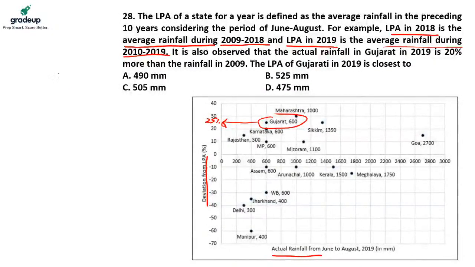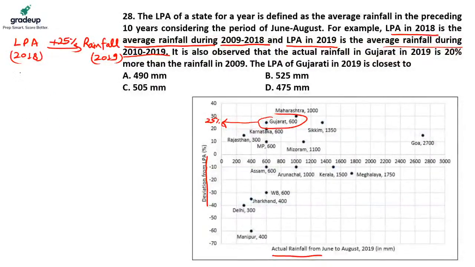So can I say, guys, in simple terms, the actual rainfall in 2019 is 25% more than the LPA in 2018.